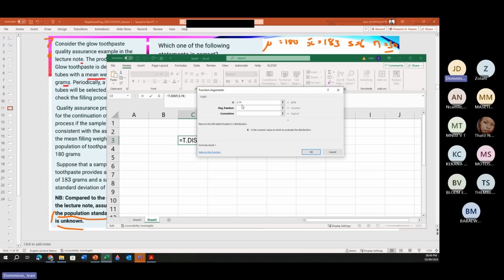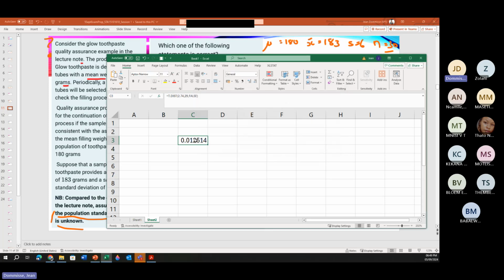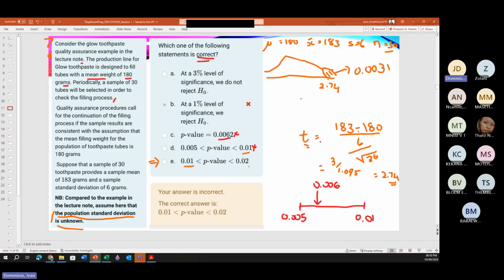I don't think this is the right one to use. Let's say false. So it would have given us what we are looking for. So it is between 0,01 and 0,02. So that is sure.